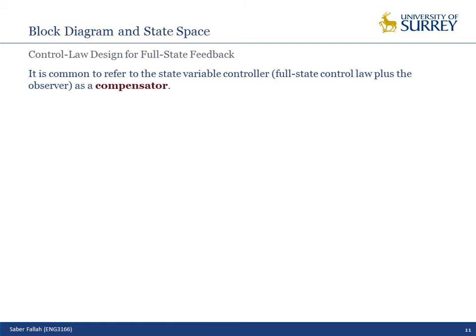How does it work? We have a system which has been modeled in the state space form as x dot equals Fx plus Gu. u is the control force, G is the input vector, F is the system matrix, and x is the state vector of the system.